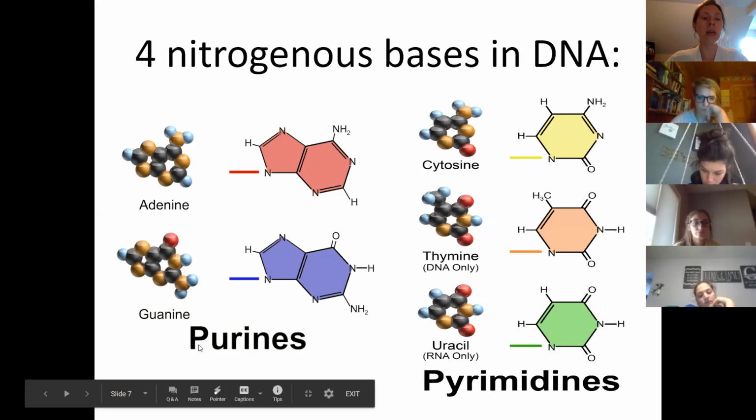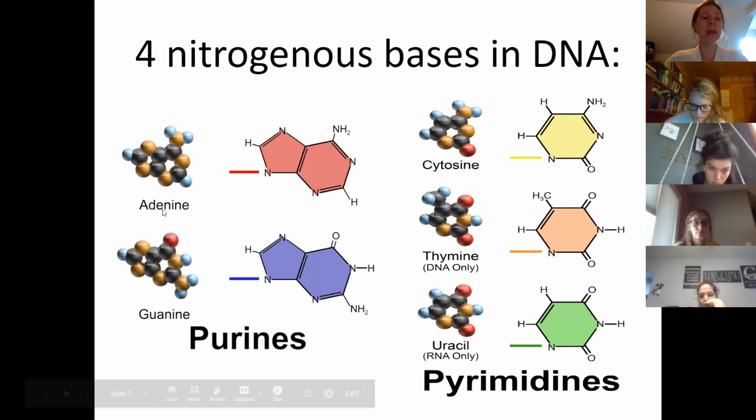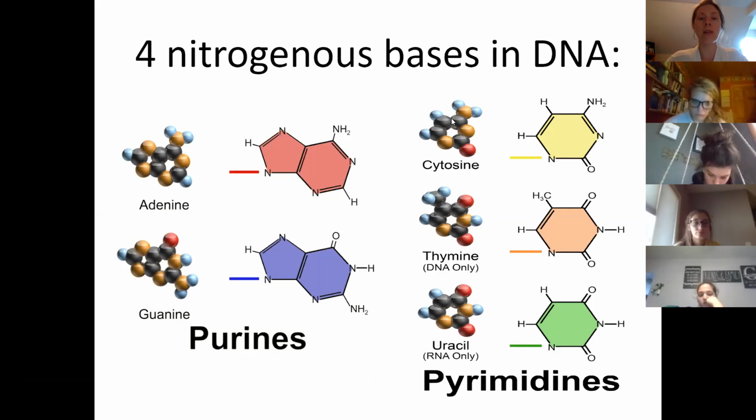We've got purines, and the two purines are guanine and adenine. And then we've got pyrimidines, and those two pyrimidines are cytosine and thymine. You're going to notice probably the reason why they're broken into two categories: the pyrimidines have what we call single ring structures, and the purines have what we would call double ring structures.